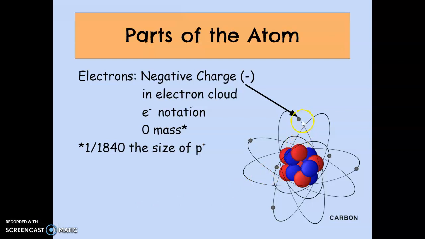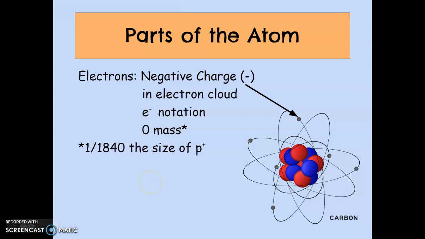And then finally, these little guys outside in the electron cloud are our electrons, and they have a negative charge. So electrons are negatively charged. Their notation is an E for the electron, and the negative, which indicates they have a negative charge. And they essentially have no mass.